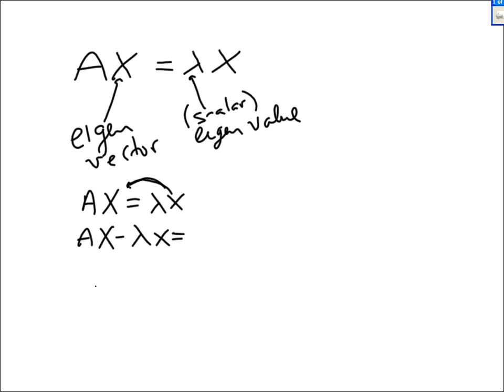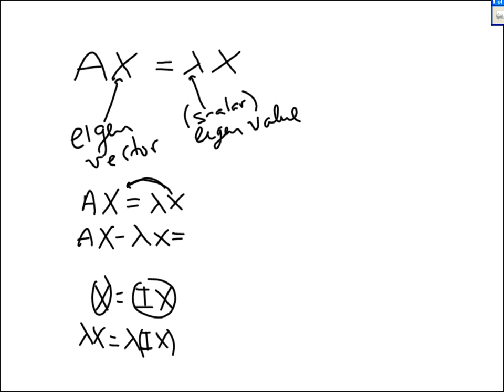Okay. Now, we know that x is the same as I times x. Okay? This matrix and this matrix are the same. When you multiply two matrices, you get a matrix. I can multiply on the left on both sides of the equation by lambda. Okay, lambda x is the same as lambda times Ix.